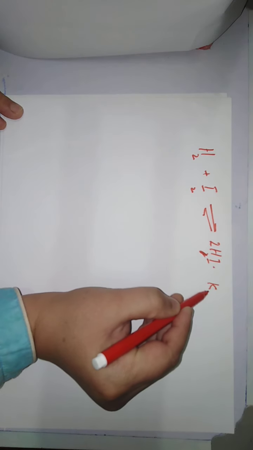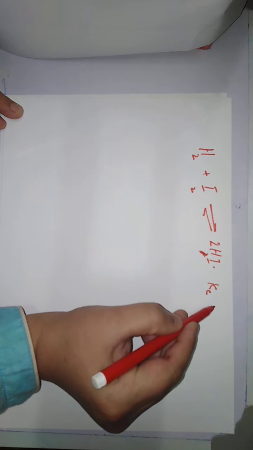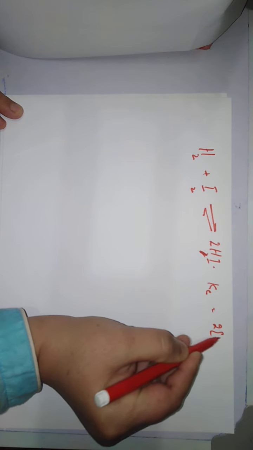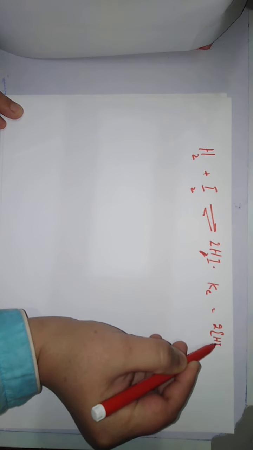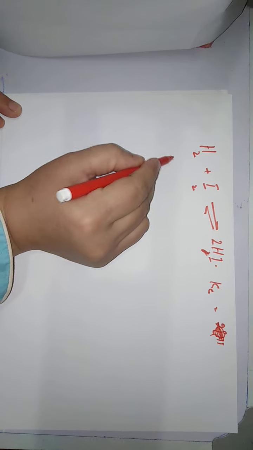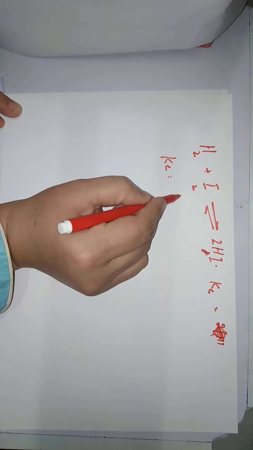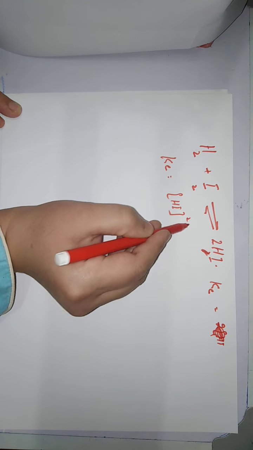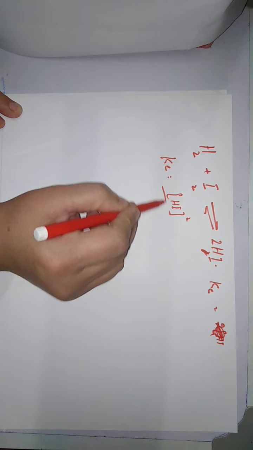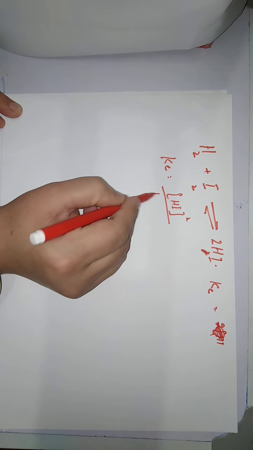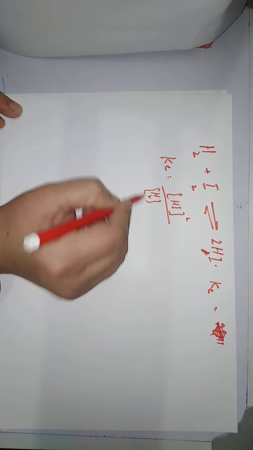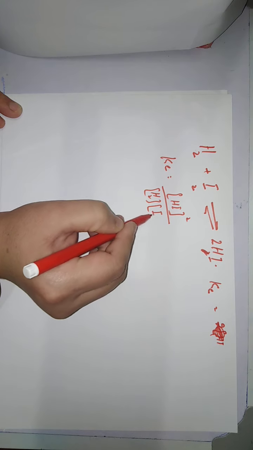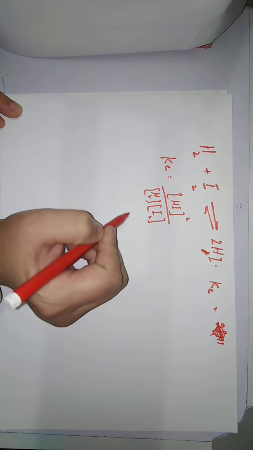If you put this in the equilibrium constant expression, we should write Kc equals the molar concentration of hydrogen iodide raised to the power of coefficient 2 over the molar concentration of the reactant substances.